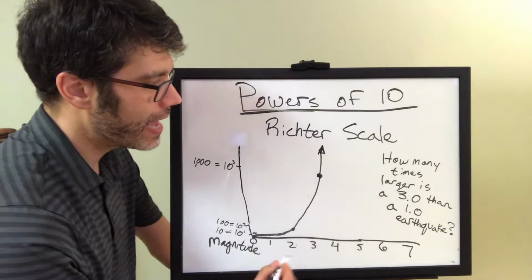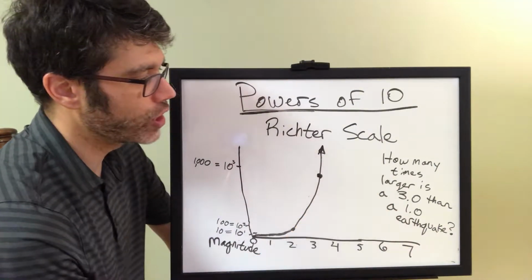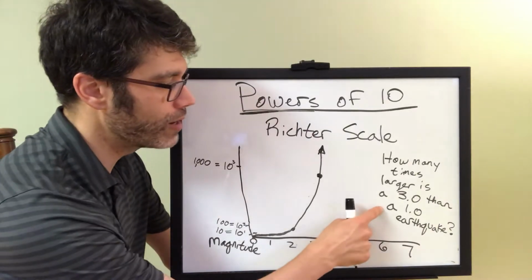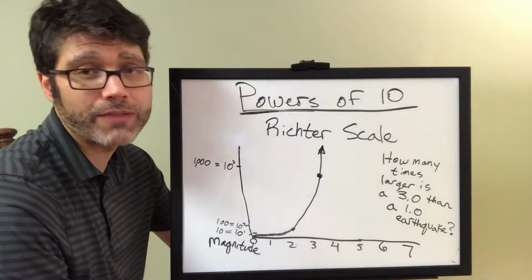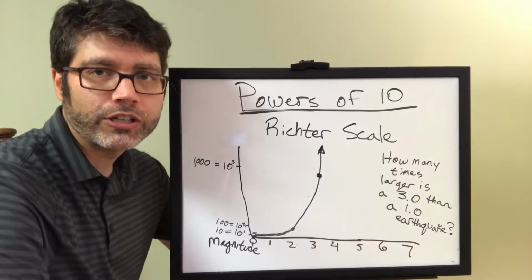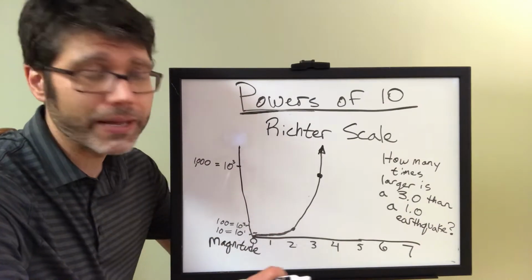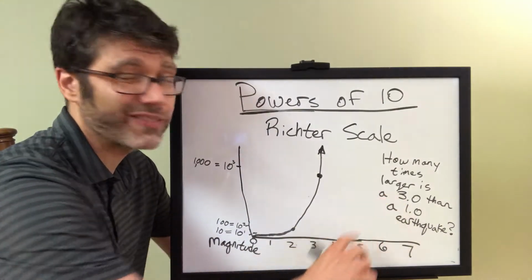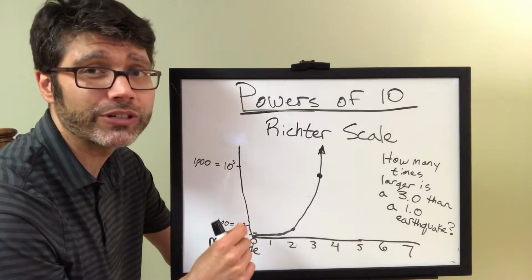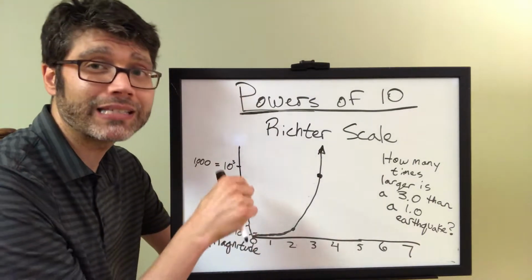So if we looked at a question like, how many times larger is a 3.0 magnitude earthquake than a 1.0 magnitude earthquake, you might be saying, oh, well, it looks like it's 3 times as large. You might be tempted to say that, but that wouldn't be true, not even close to true, because remember, we're dealing with powers of the base 10.